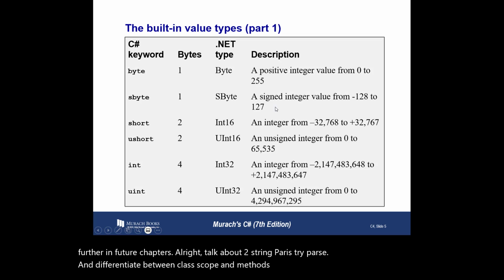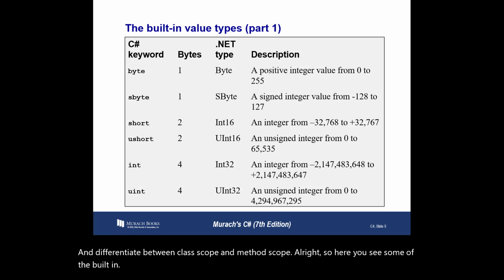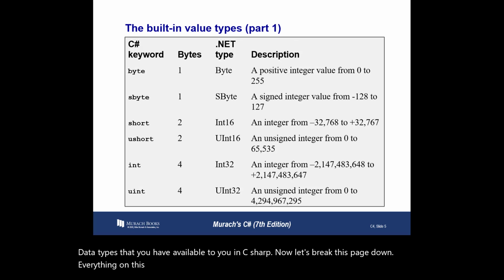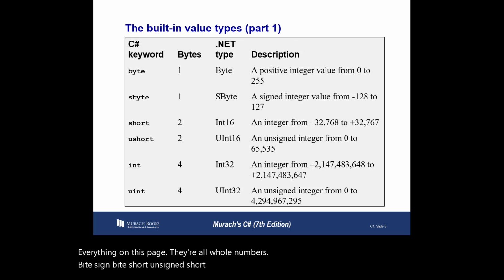All right, so here you see some of the built-in data types that you have available to you in C#. Now, let's break this page down. Everything on this page is whole numbers: byte, signed byte, short, unsigned short, int, unsigned int.